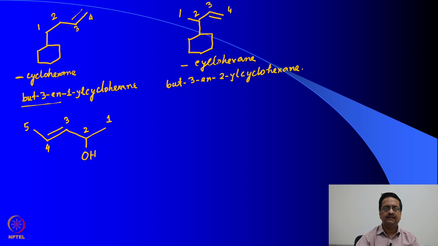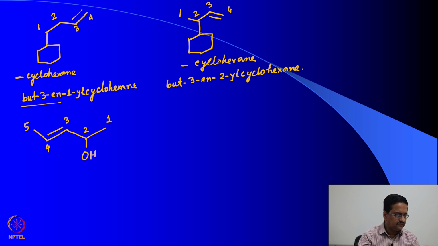So, this is a derivative of pentane and it has an OH group. So, it is pentan-2-ol, and then you have an ene, that is a double bond at the 3 position, and that double bond at the 3 position is E, which means it is trans.